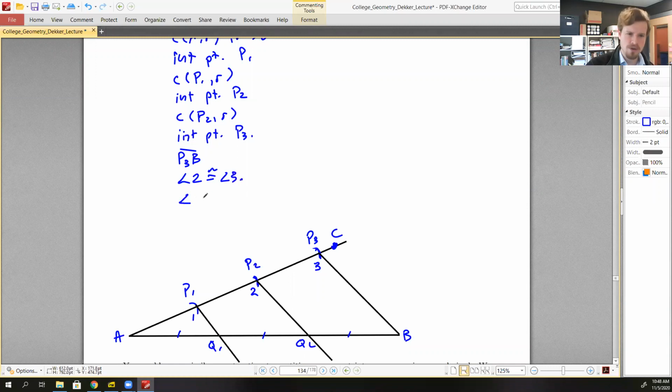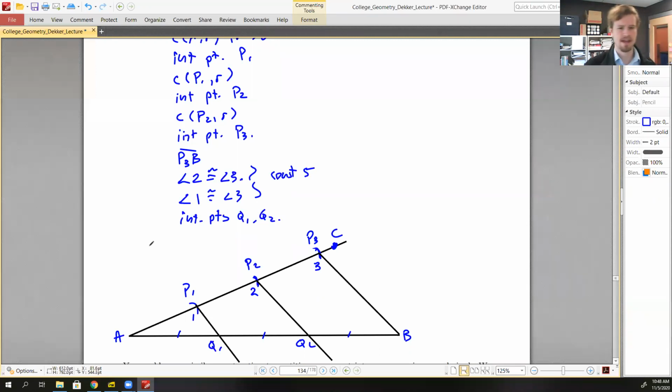And then we constructed angle 1 so that it was congruent to, again, angle 3. And that's the previous construction. So that's construction 5. Once we had those, that gave us the intersection points Q1 and Q2.